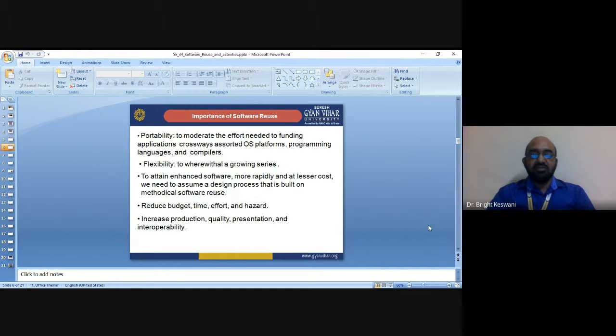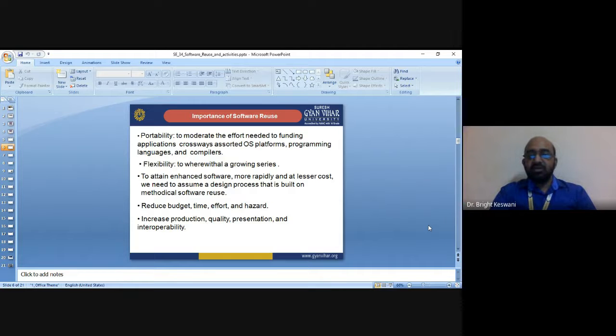Let us discuss the importance of software reuse. The software crisis was detected in the 1960s, when there were no reusability concepts in existence. So software engineering came into existence with the idea of reusability.